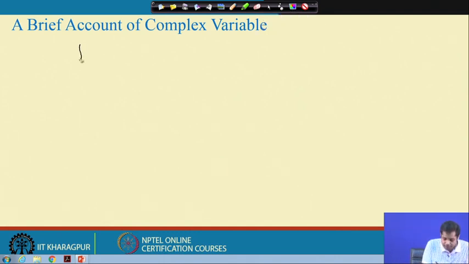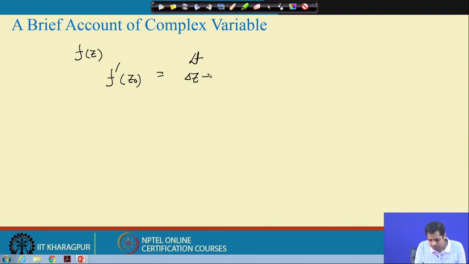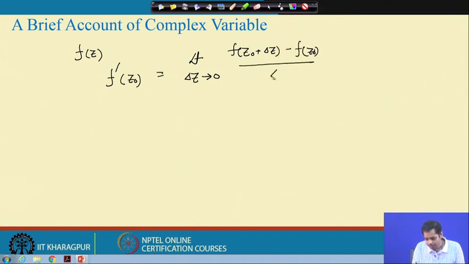Now suppose f of z is a function. f of z is a differentiable, single valued continuous function. Then the derivative of that function at z0, say f dash z, we use the very first definition of derivative that we learnt, that is f of z0 plus delta z minus f of z0 divided by delta z.